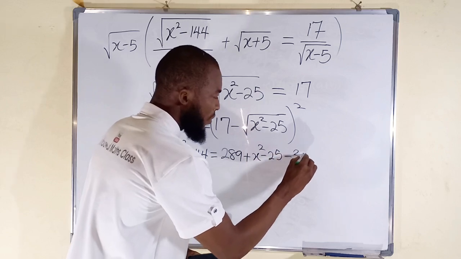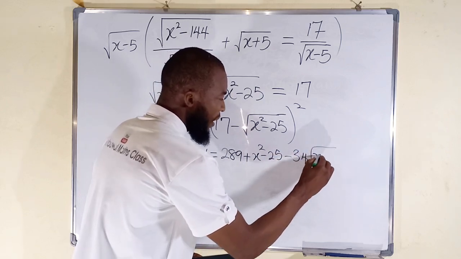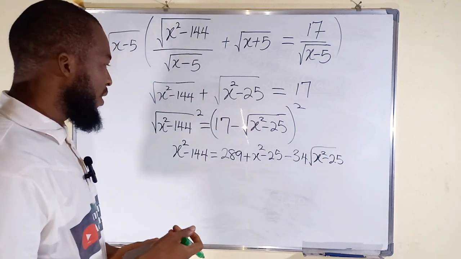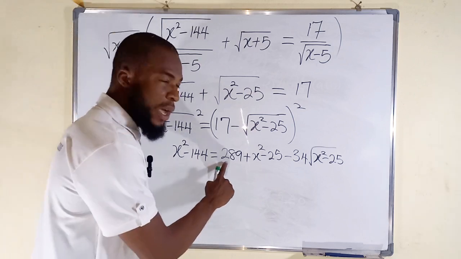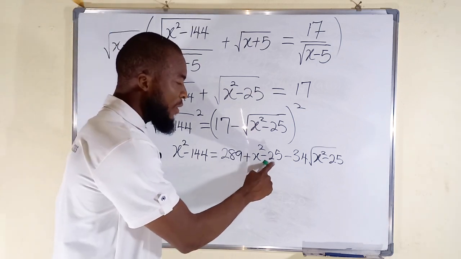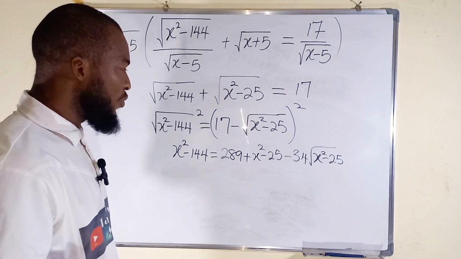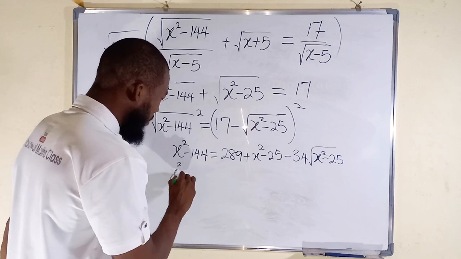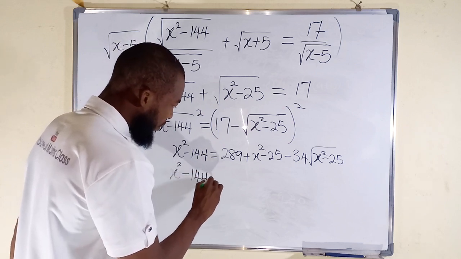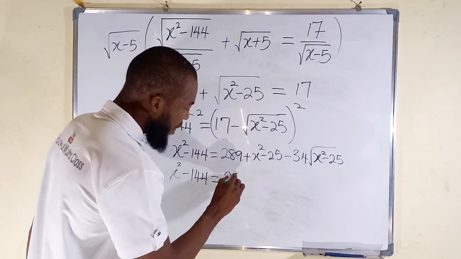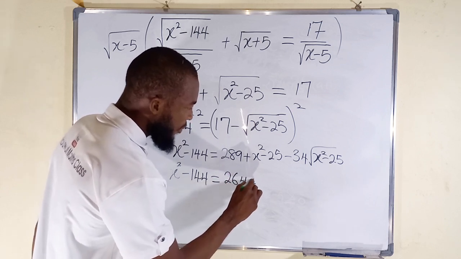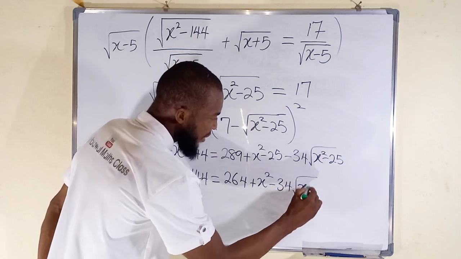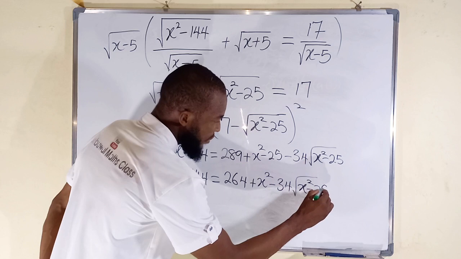So we have 34 multiplied by the square root of x squared minus 25. Let us collect the like terms. We have 289 minus 25, which is going to give us 264. So we have x squared minus 144 equal to 264 plus x squared minus 34 multiplied by the square root of x squared minus 25.